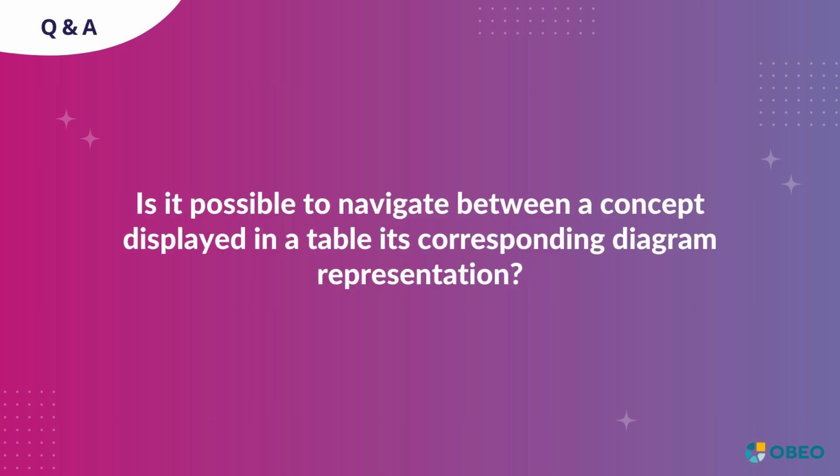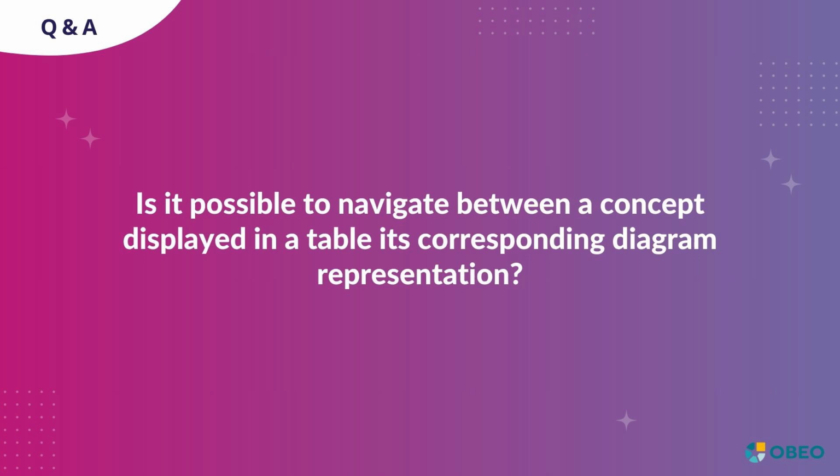Is it possible to navigate between a concept displayed in a table and its corresponding diagram representation? If you select something in a table, it will be selected in the workbench. If this concept is displayed in various diagrams, you would not be able to jump to this diagram in one click.